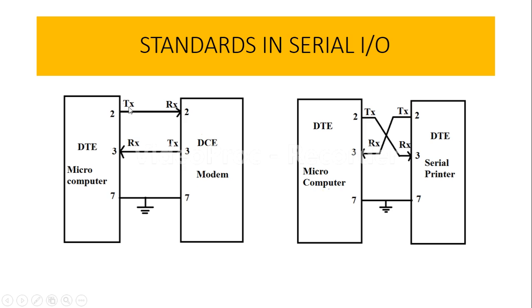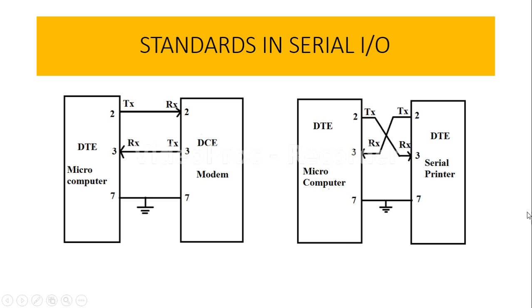TX indicates transfer of the data, and RX indicates the DCE receiving the data. So I have written here RX, and the DCE is going to receive the data from pin number 2. Similarly, the DCE is going to transmit the data from pin number 3 and the DTE is going to receive the data from pin number 3. Whereas pin number 7 in both the devices will act as the ground.